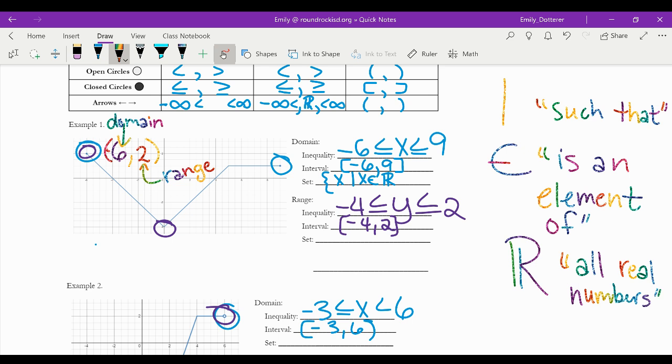It is important to say real numbers because we are going to look at different types of numbers this year, and some of them won't be part of real numbers. Then we put a comma, and from there we're going to take this entire notation and write it down there.